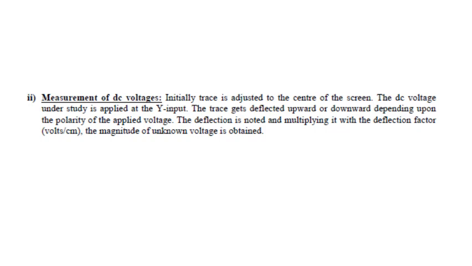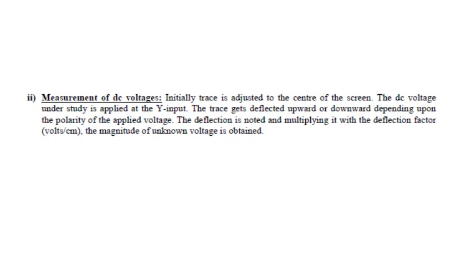and this is in volt per centimeter. The screen is similar to your graph paper. Some grids are there, squares are there, by which we see the distance and we multiply with deflection factor in volt per centimeter. The magnitude of unknown voltage can be obtained.